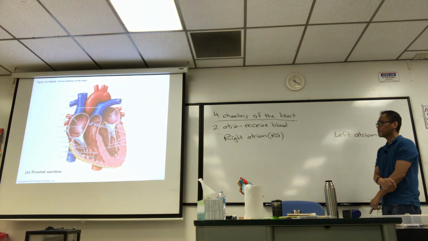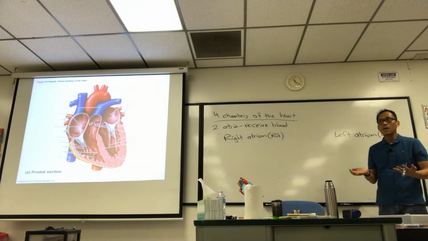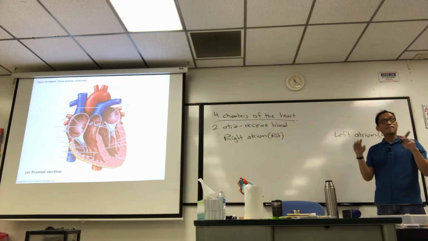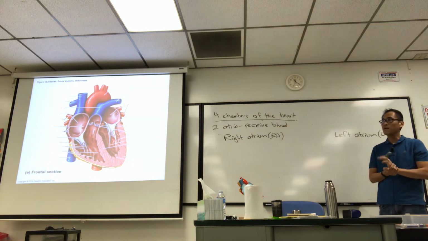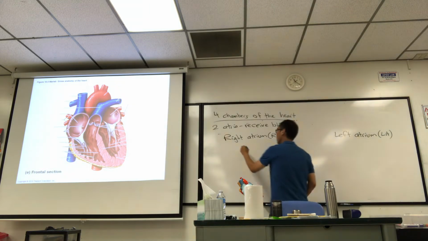Now, the right atrium, well, if they receive blood, that must mean veins drain into them, right? Veins return blood to the heart, they return it to the atria. So know the veins that drain into these chambers. For the right atrium, it's superior, inferior vena cava.